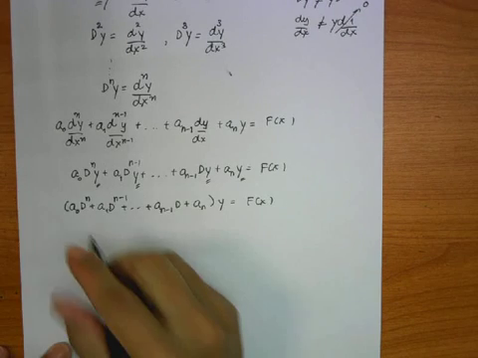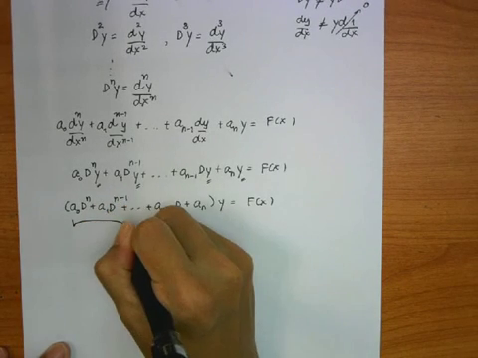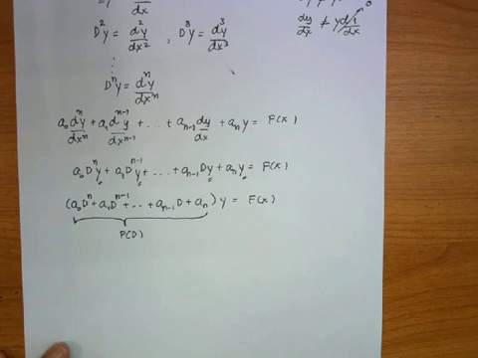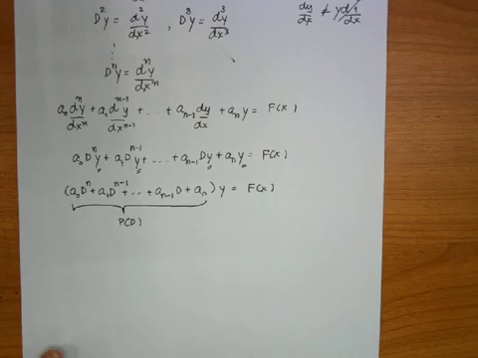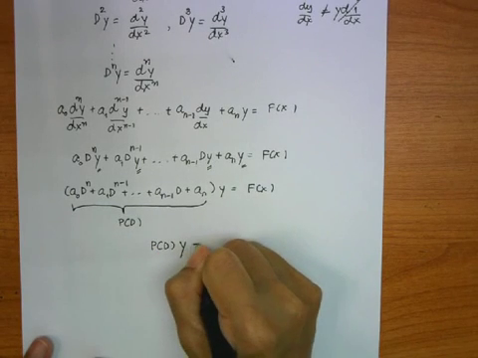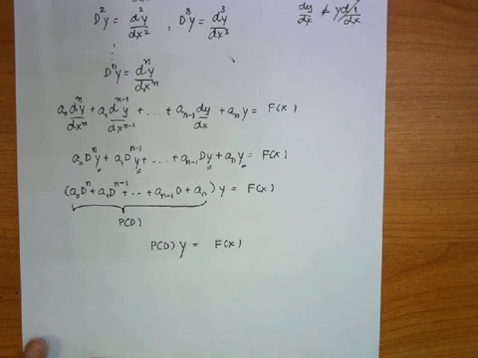And this one, we call it P(D). It's just the expression which is a function of D. So in this case, I can write it down like this. If we want to find y, here is the operator method.